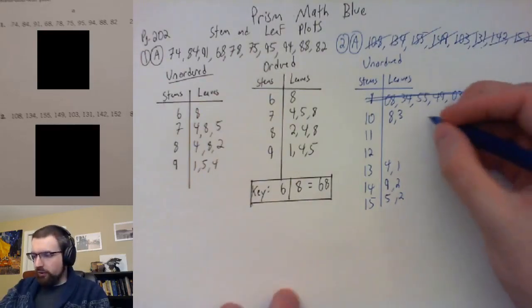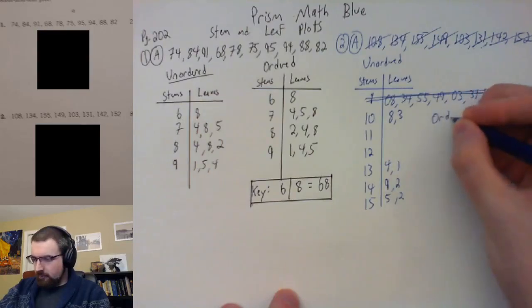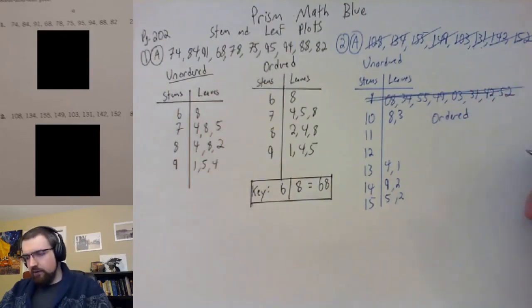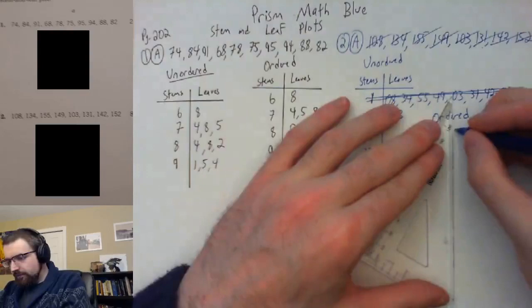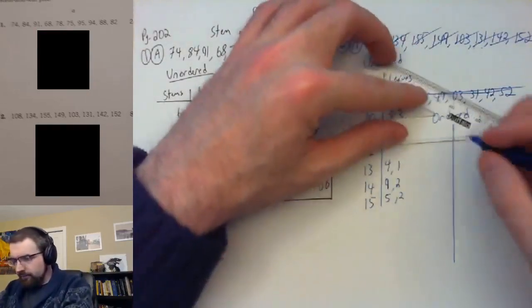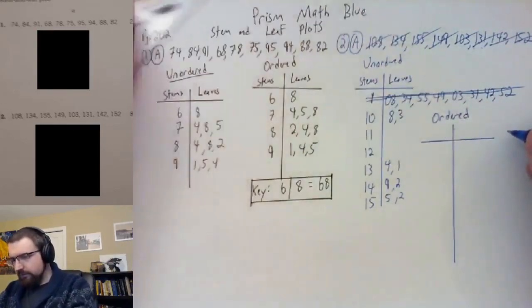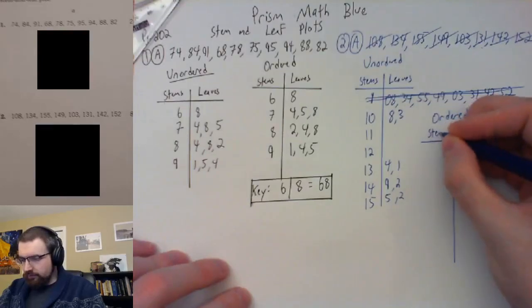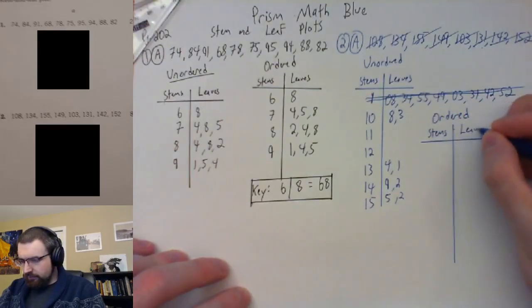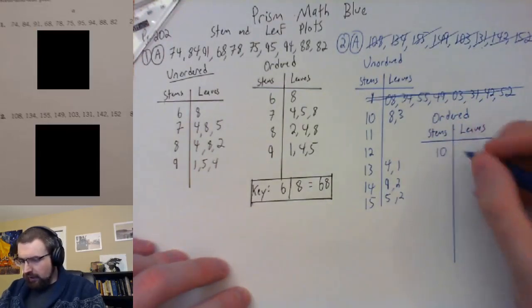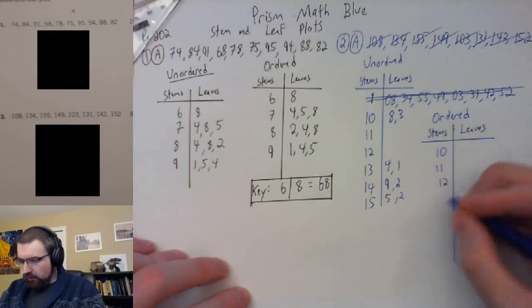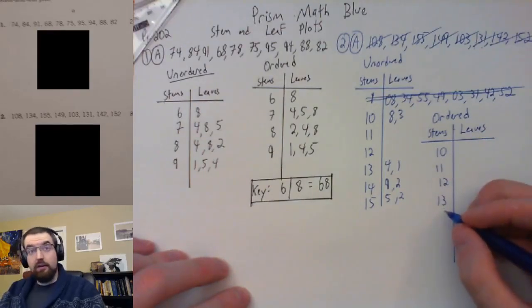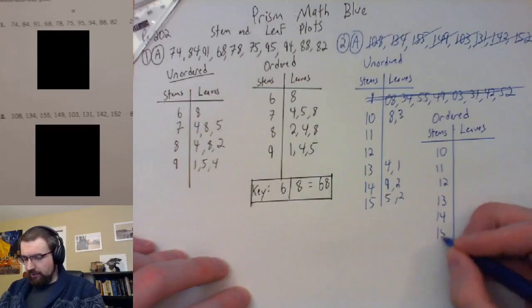So I'll do my ordered one just over here. Stems and leaves. So 10, 11, 12, 13, 14, and 15.